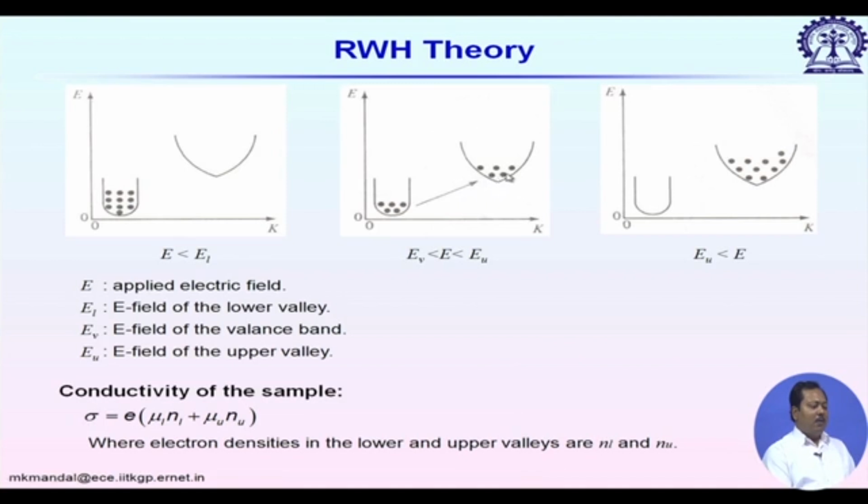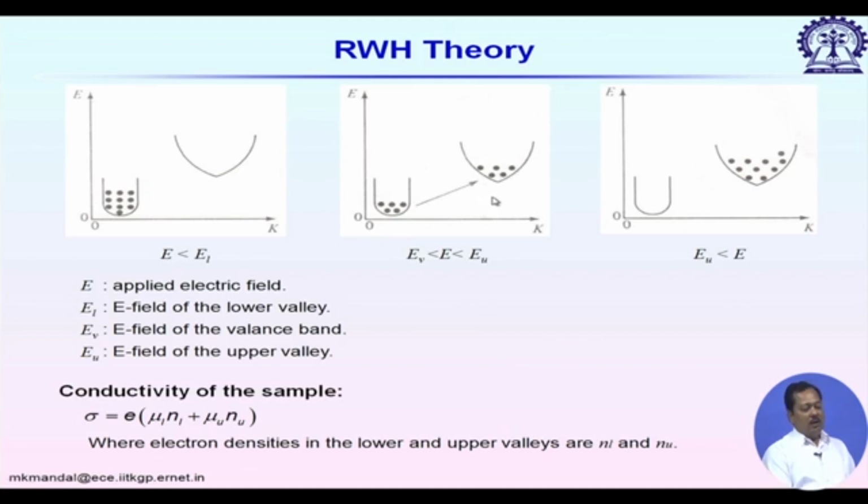So, what happens in this case if I calculate the total conductivity of this material? That can be given by sigma equal to e into mu L N L, which corresponds to the electrons inside the lower valley, plus we have some electrons in the upper valley also, so we have a contribution mu u multiplied by N u due to the electrons inside the upper valley.